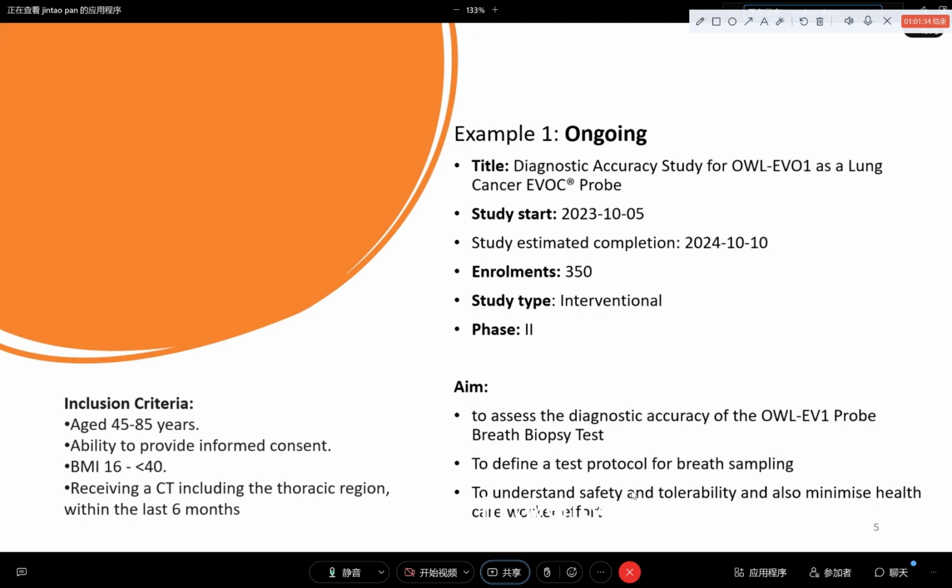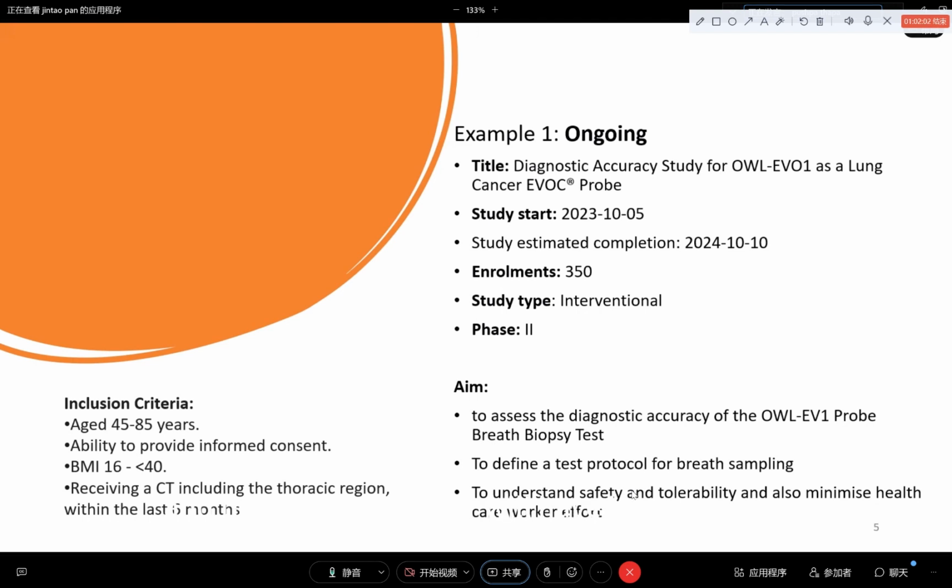The study started in 2023 and is estimated to be completed in 2024. For the enrollment, they are planning to take 350, out of which 150 cases will be lung cancer patients and 200 as a control. It is an interventional study type, and there's no masking.